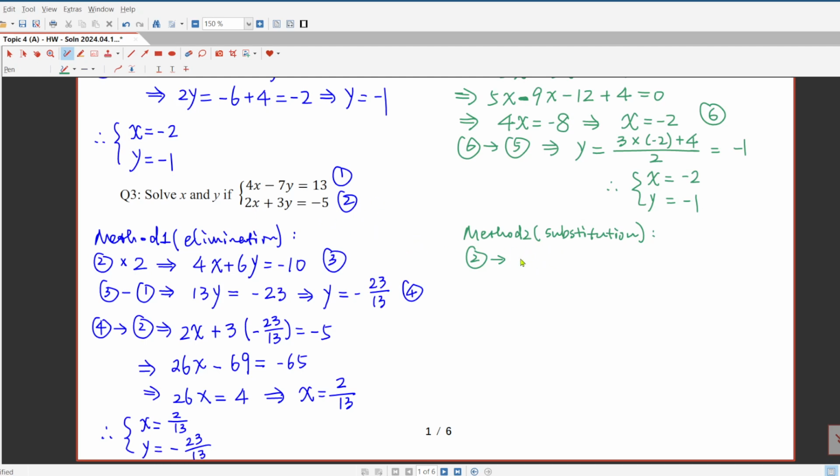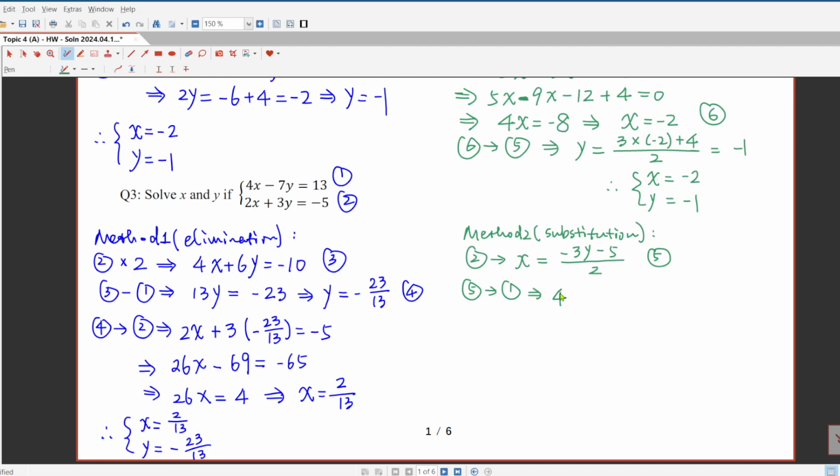So solve x in terms of y gives us x equals (negative 3y minus 5) over 2, right? And let's call this number 5. Then put equation number 5 into the other equation, which you have not used yet.